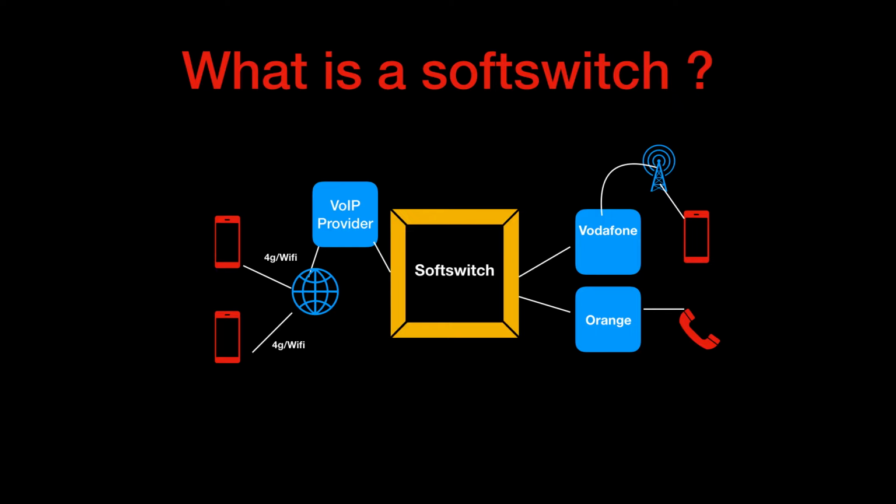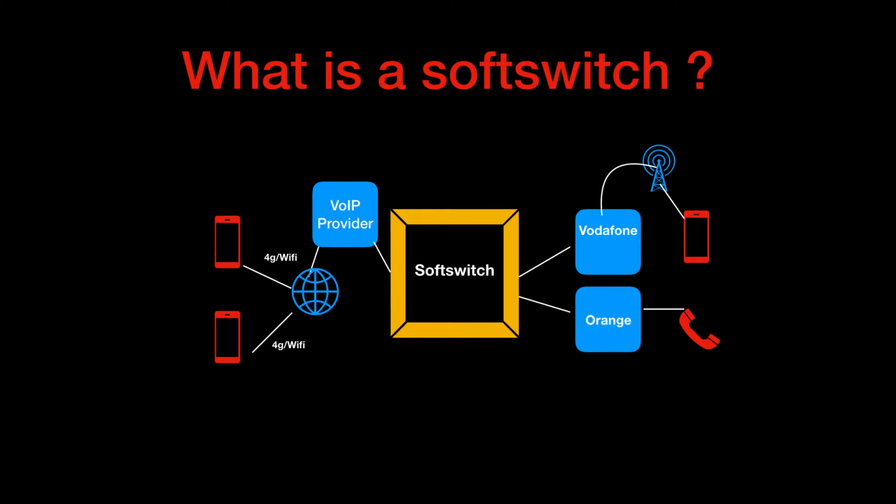The call will go to the soft switch that this VoIP provider is using, and then route this call using the routing engine inside the soft switch to, let's say, Vodafone, and then Vodafone sends this call over to the mobile subscriber on the other end. So that's it. That is a soft switch.